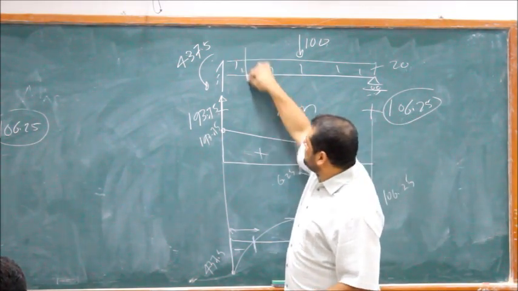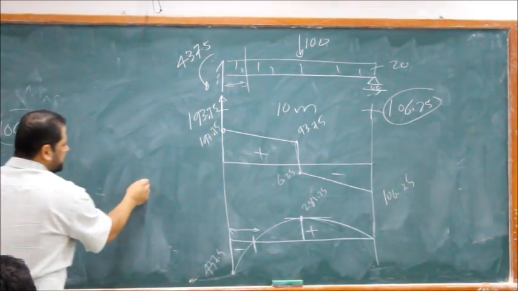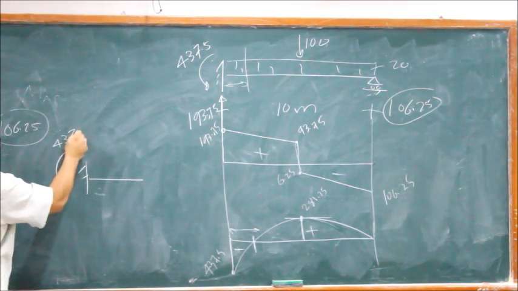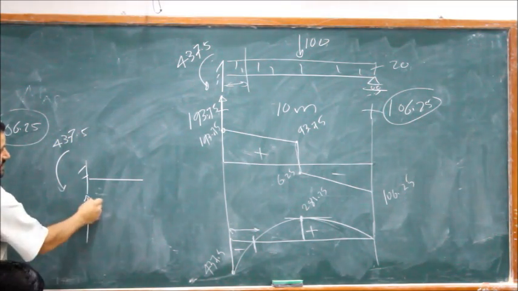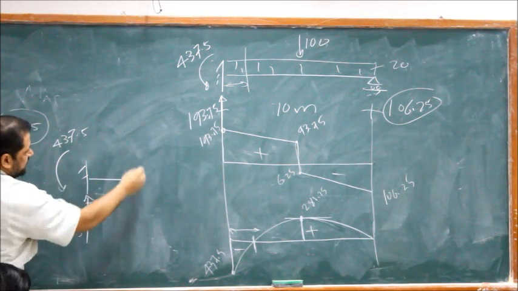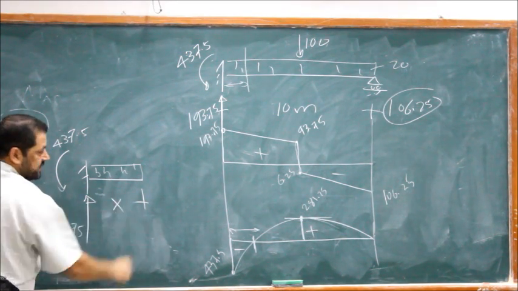I just take a section. That's my x. We should do this. This is 437.5, and this one is 193.75, right? And we have this distributed load over distance x.